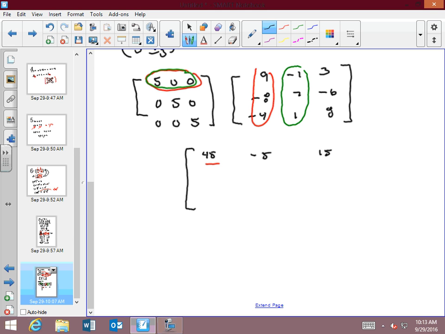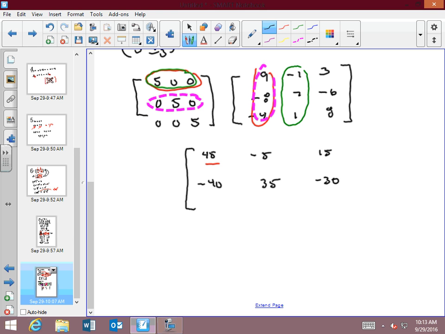And then the next one, I'm multiplying the second row. So it's going to be this one times this, and so on across. So the 9 doesn't go, but it's 5 times a minus 8, and it's 5 times 7, and then 5 times minus 6.